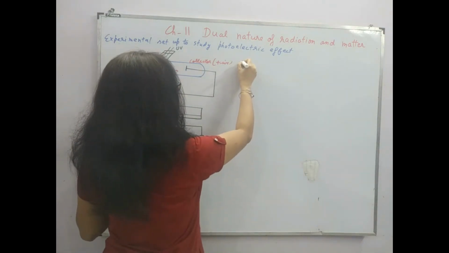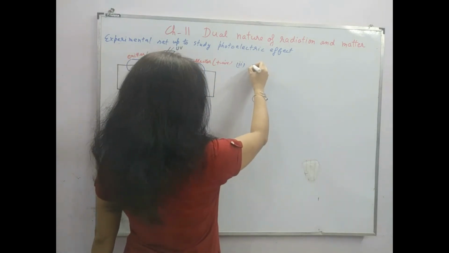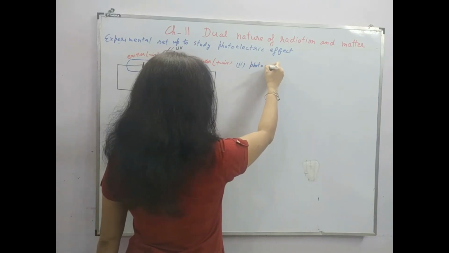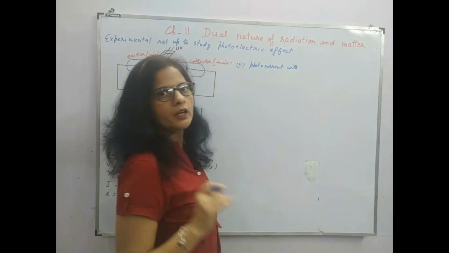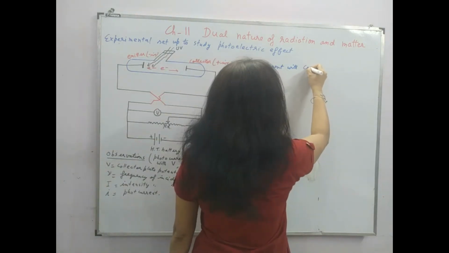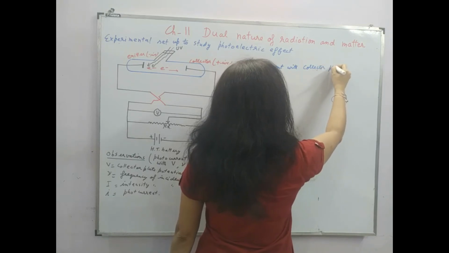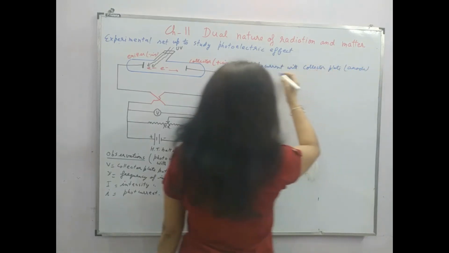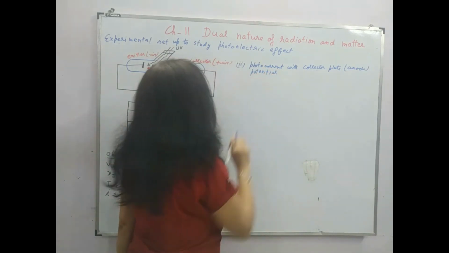Second is the variation of photocurrent with collector plate potential, which is also called the anode plate potential, right?